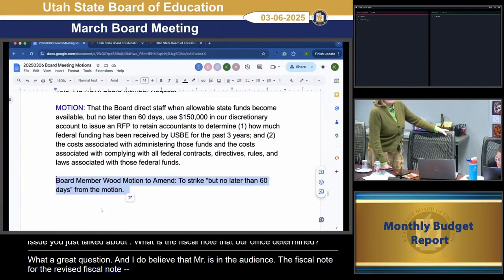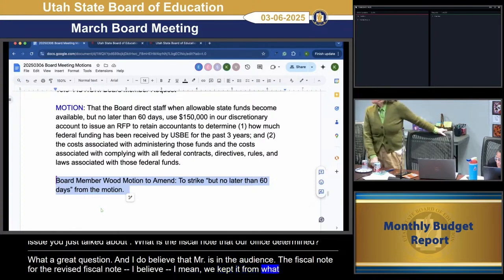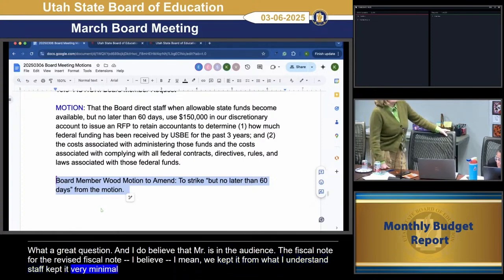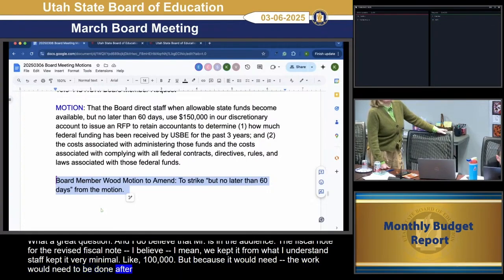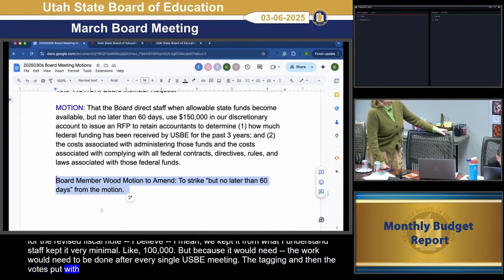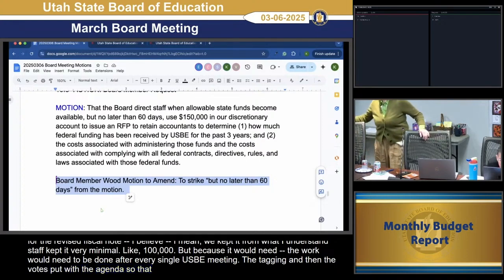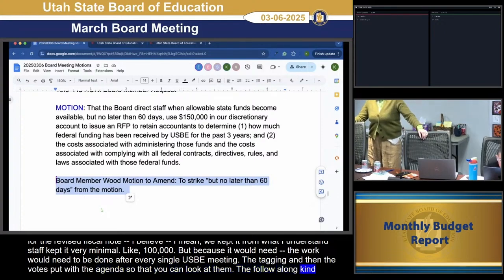It was like 100,000, but the work would need to be done after every single USBE meeting, the tagging and then the votes put with the agenda so that you can look at them, the follow-along kind of feature. It would require FTE. I think it had an FTE piece and 100,000, but I could be wrong.